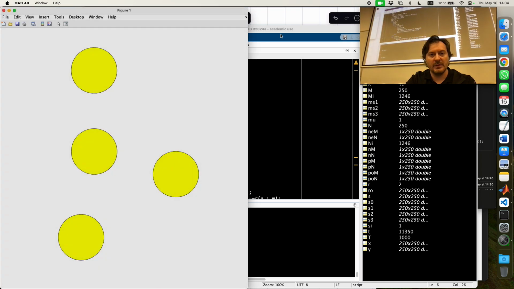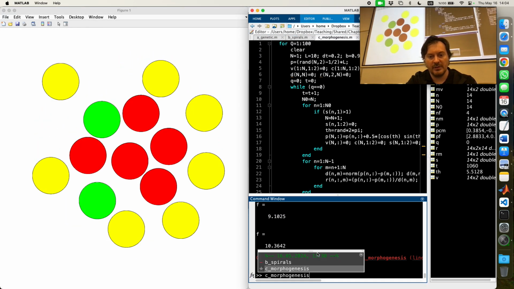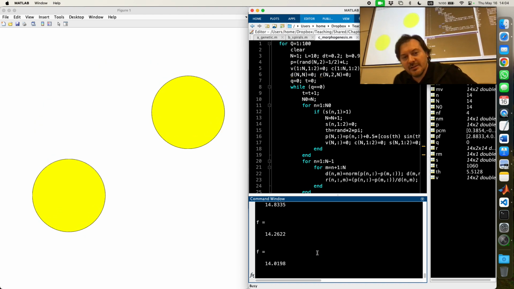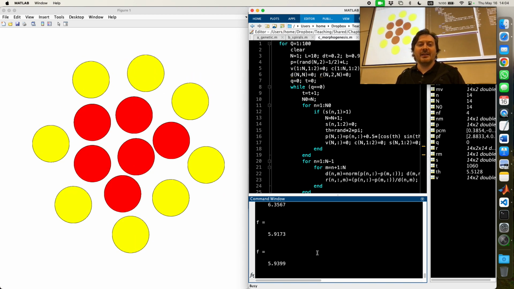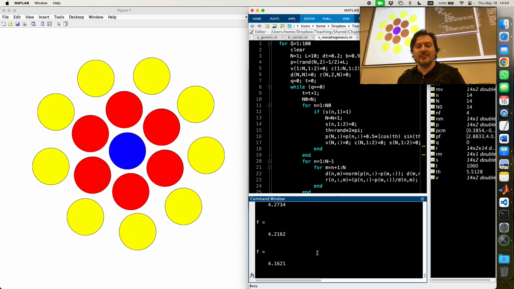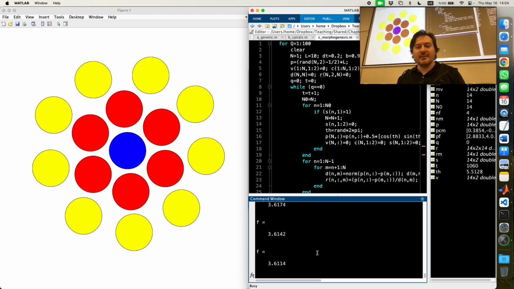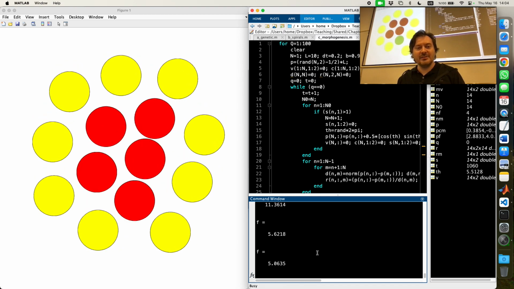So let me put this one here. Let me run it again. So you start with a single cell. It decides to divide, and it keeps dividing. It is signaling with other cells, and the middle one will die on its own. Okay, this is interesting.